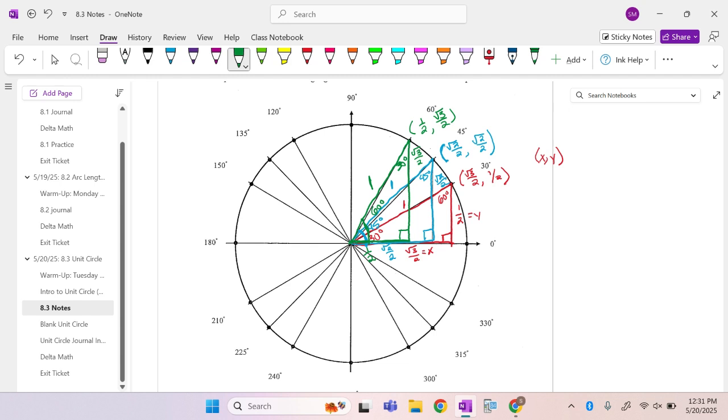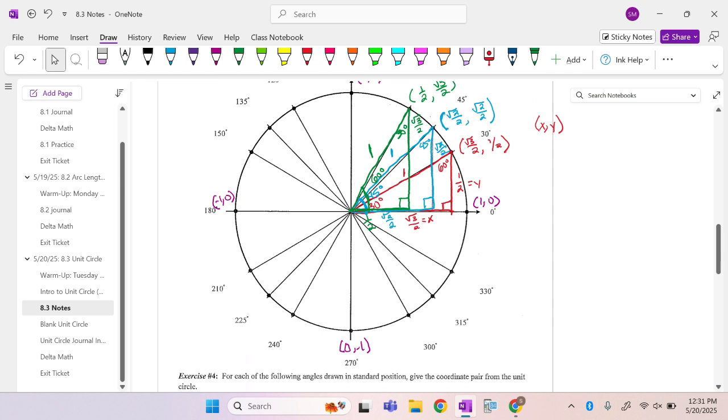All right. So we still got our other points, like I said. So this will be 1, 0, 0, 1, negative 1, 0, and 0, negative 1. So let's figure out the rest of the points all the way around. All right. So think about what type of triangle you would draw here.